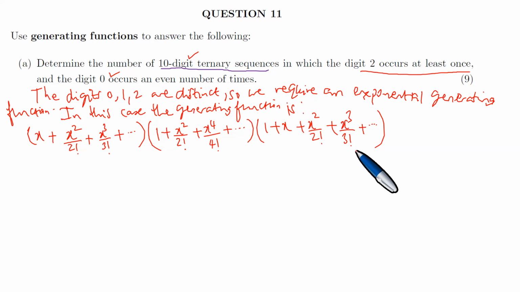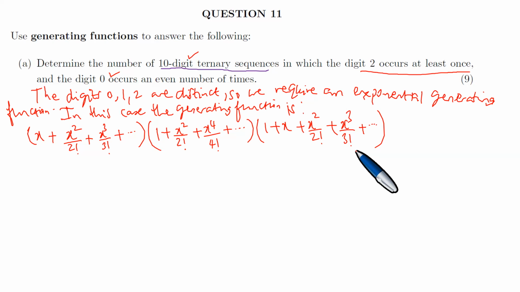The couple of things that we need to learn here: if you need to determine the number of 10-digit ternary sequences, the 10 is going to appear, you will see the significance of the 10. But I want us to discuss the fact that the digit 2 occurs at least once.